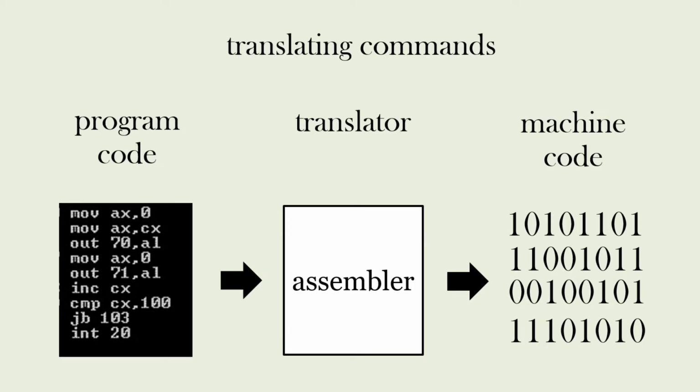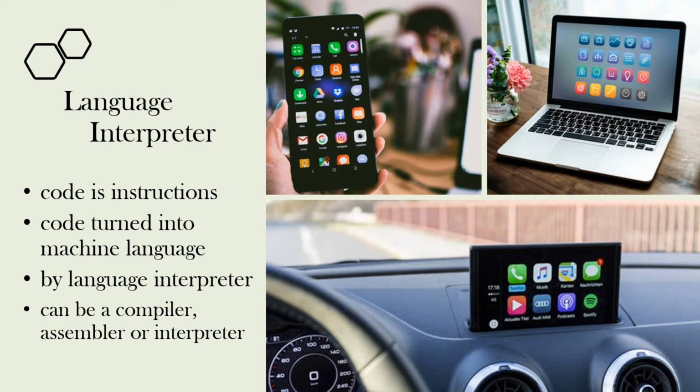So the code is written, it's translated using something called an assembler. That goes into machine code, and the computer, the CPU inside the computer or the phone, can then action that code and perform a task. So code and instructions are turned into machine language by the language translator, and that's a compiler, assembler or interpreter.